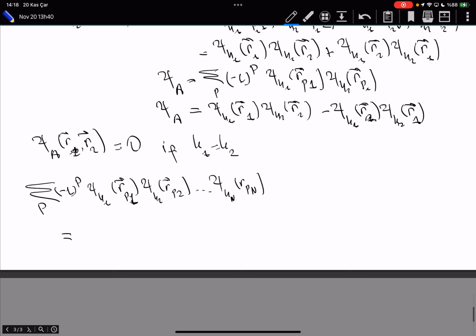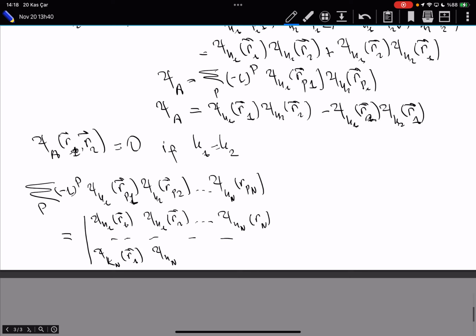This is the determinant of this matrix, psi k1 r1, psi k1 r2, psi kn rn... psi kn r1, psi kn r2, psi kn rn.